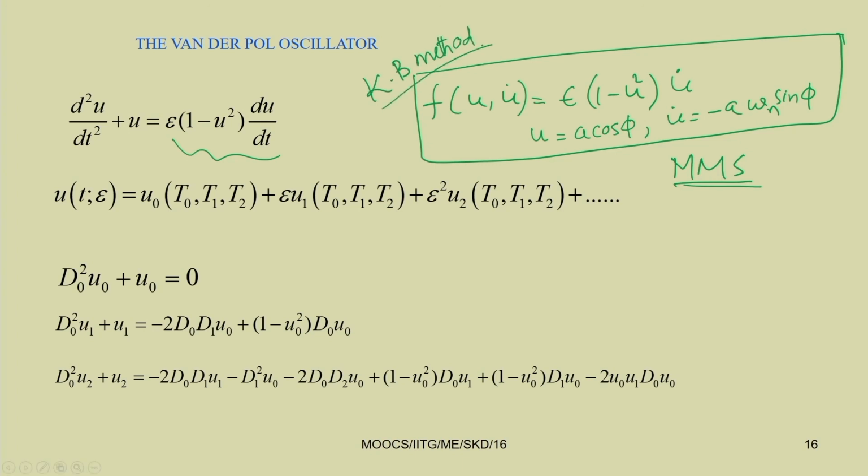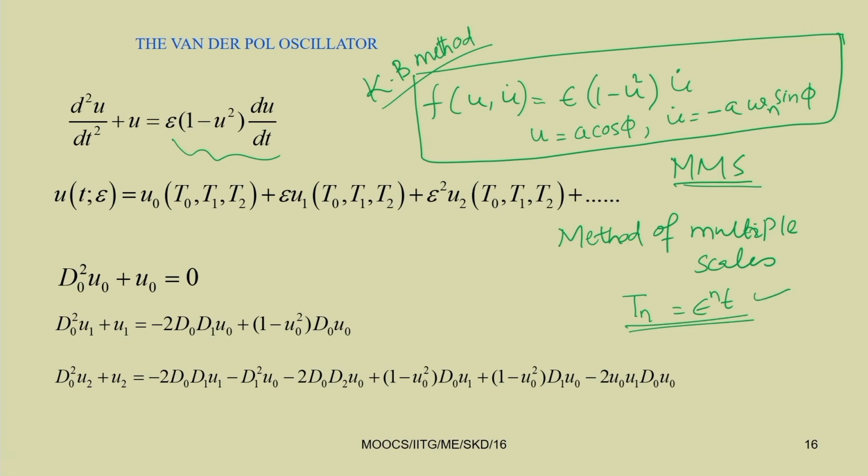Here we are using the method of multiple scales. You are already familiar with this method: we take different time scales, T n equal to epsilon to the power n times t, and then we expand the derivatives. So T 0 equal to t, T 1 equal to epsilon t, and T 2 equal to epsilon square t.